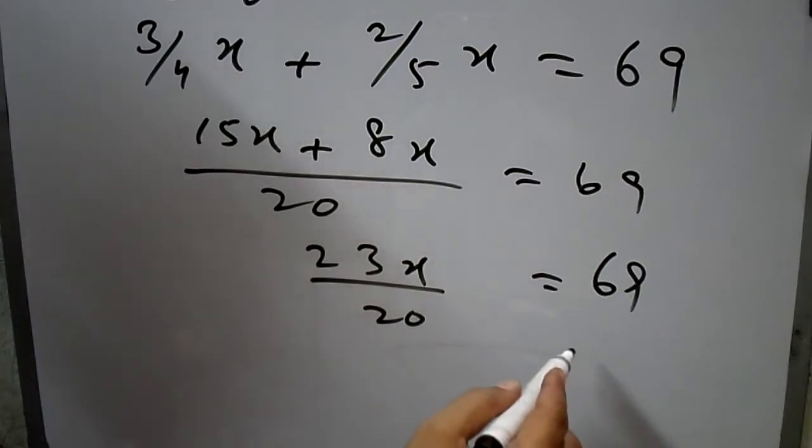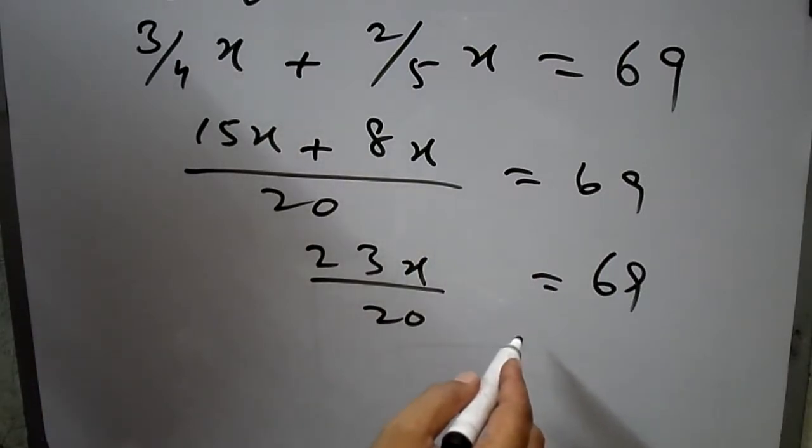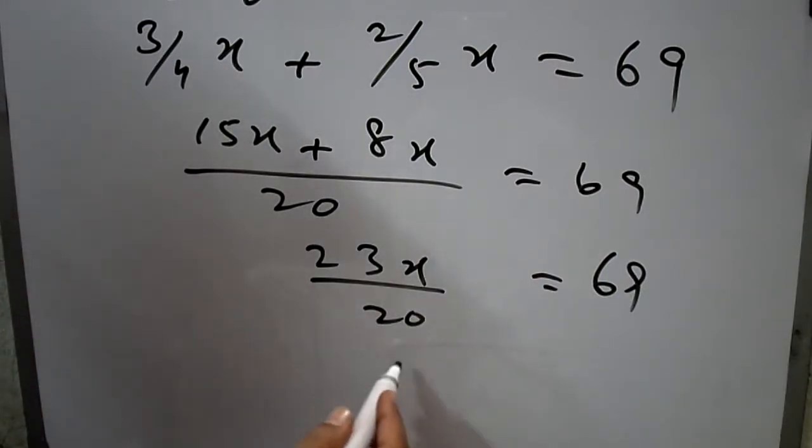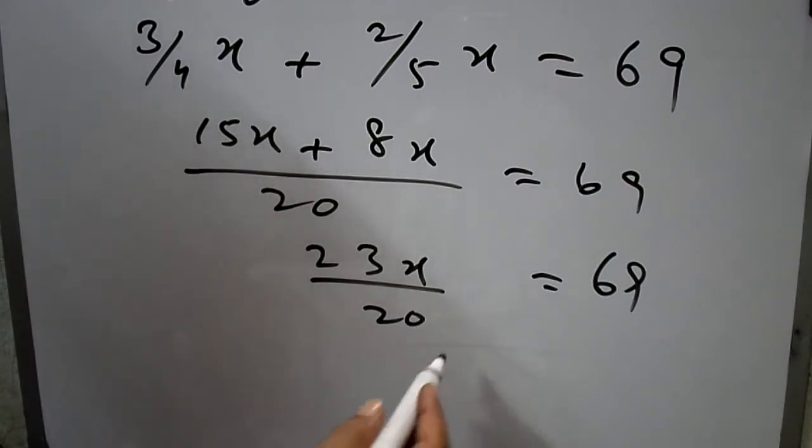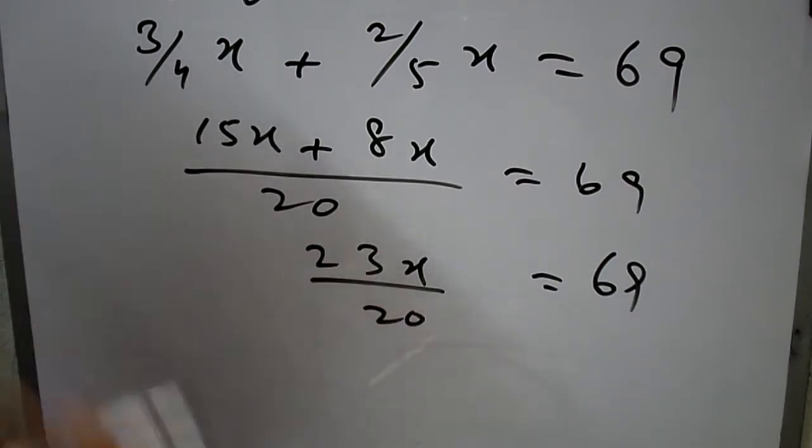If you need the value of x, what should you do? You have a calculator, so simplify it. For example, 69 multiplied by 20, you will get 1380.